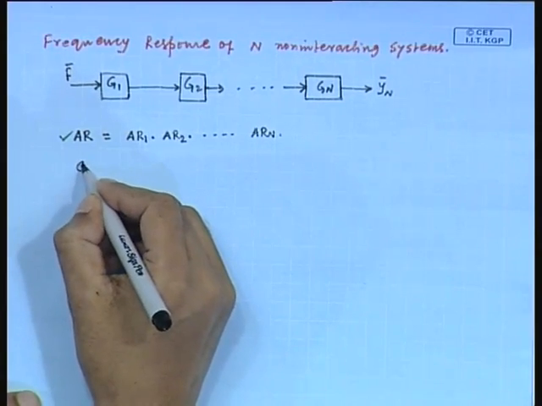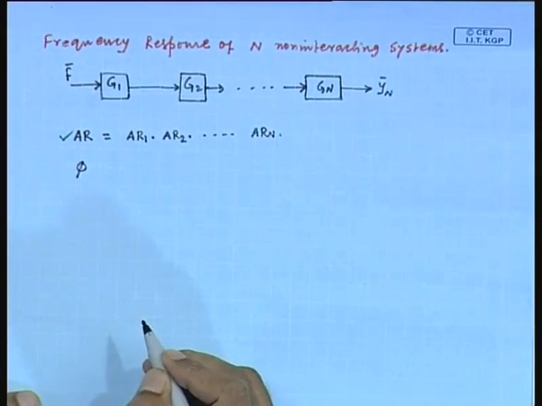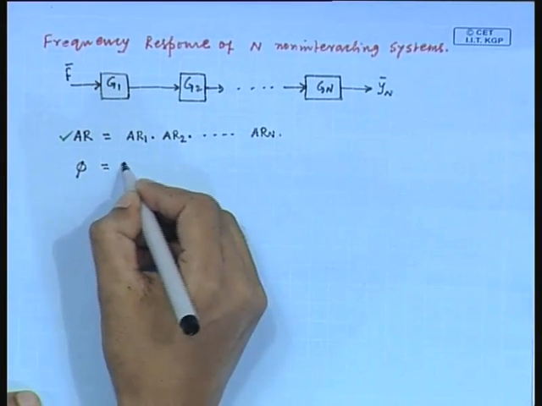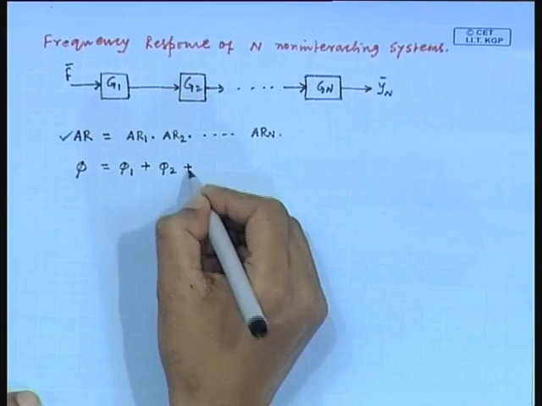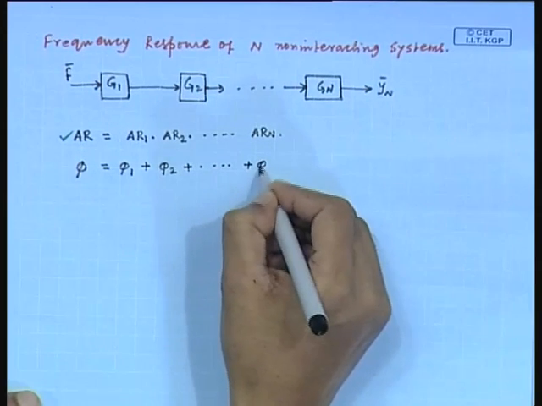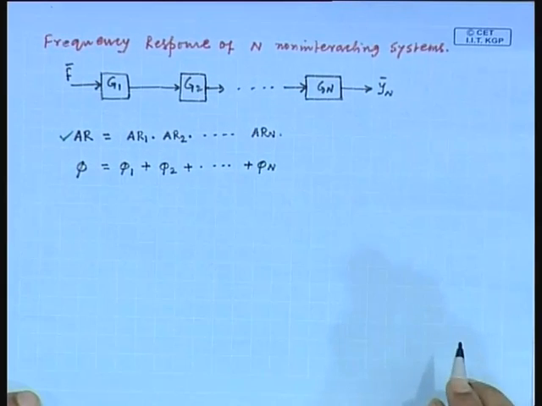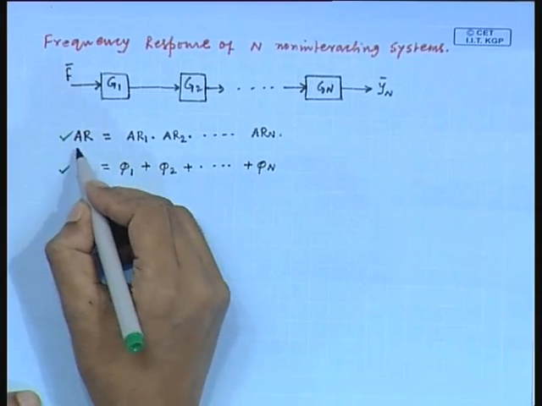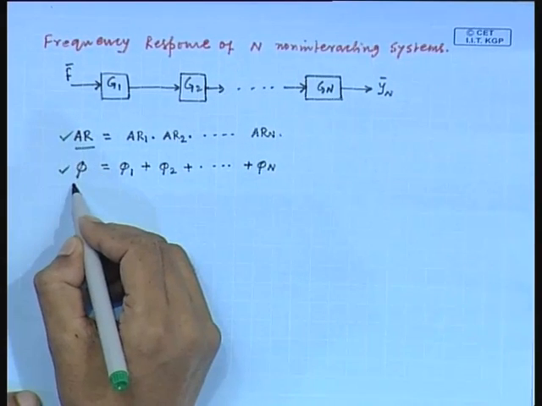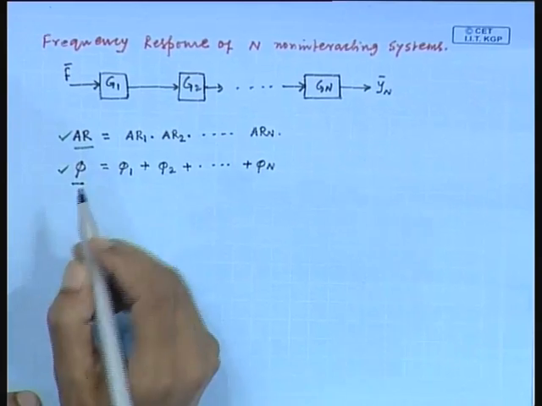Similarly, the overall phase angle phi is the summation of the individual phase angles. This is the overall amplitude ratio, this is the overall phi, fine.